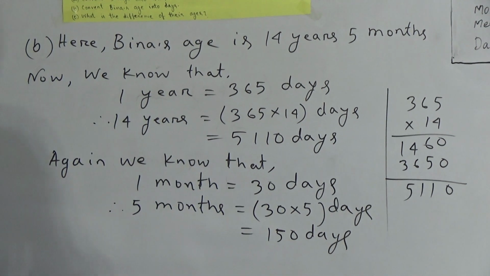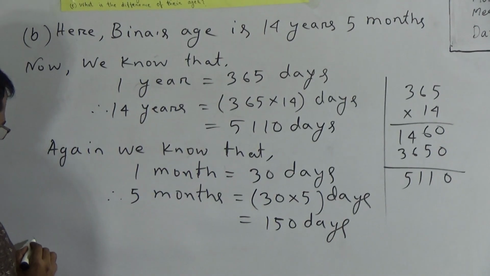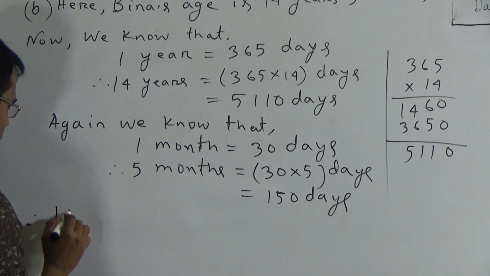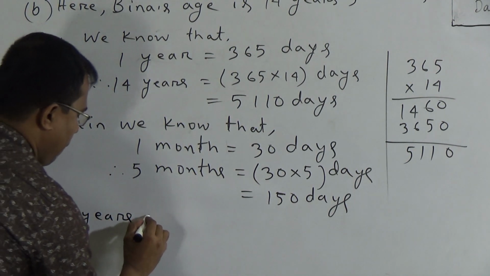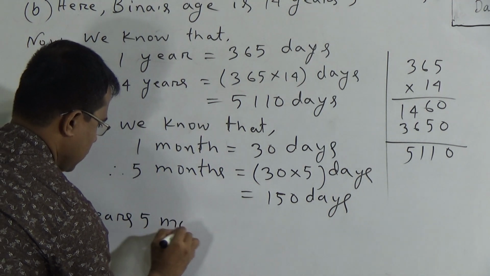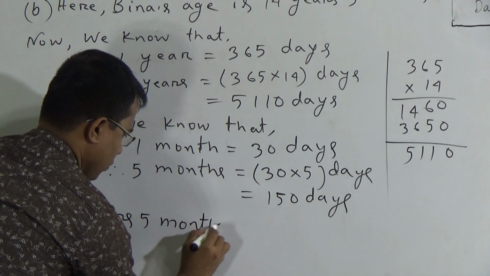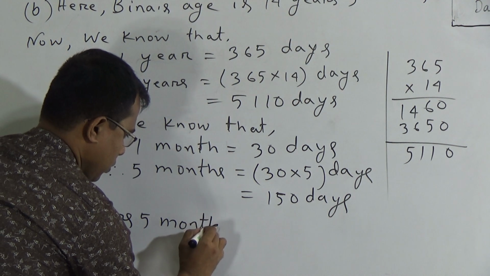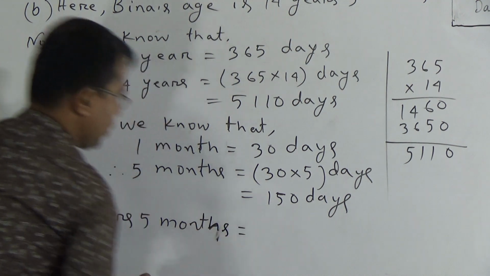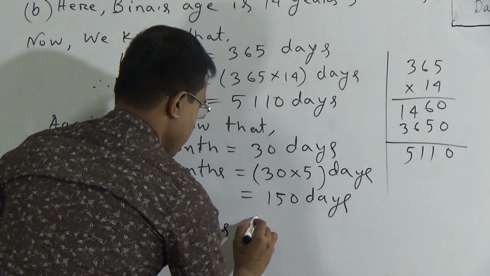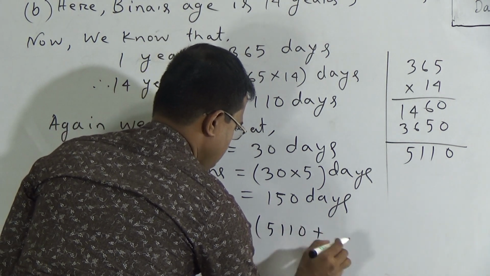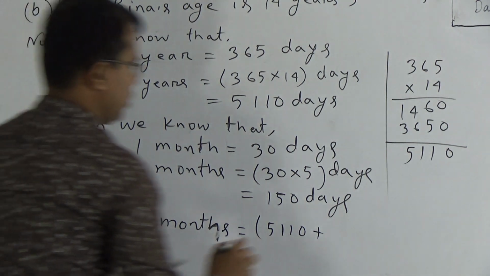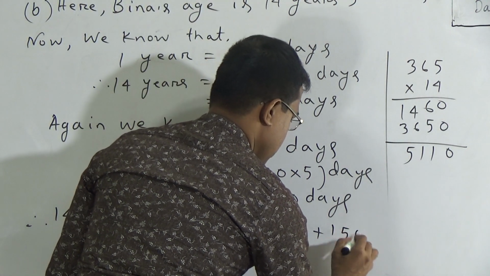Therefore, 14 years 5 months is equal to, 14 years is equal to 5110 days plus 5 months is equal to 150 days.